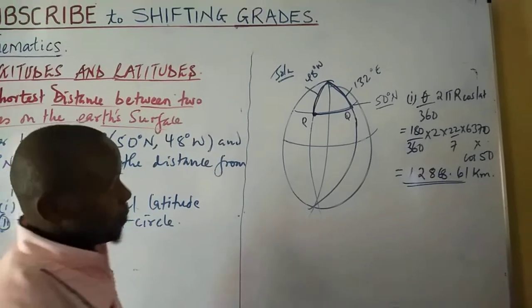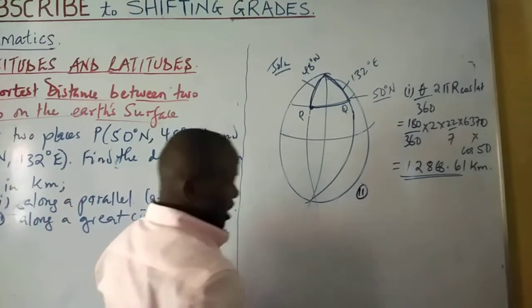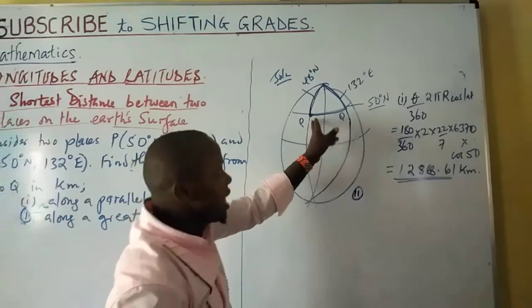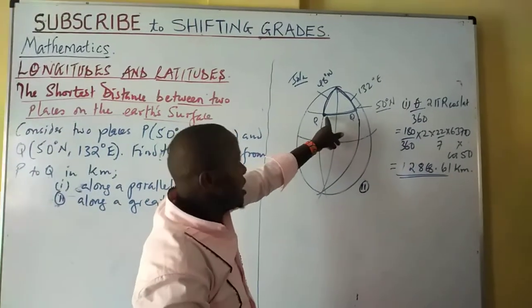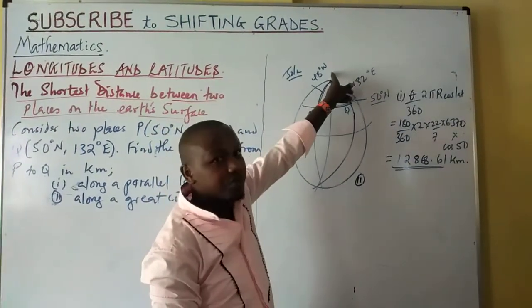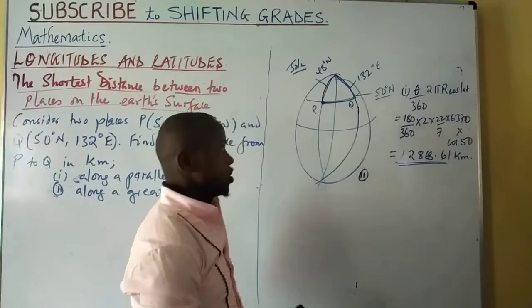Therefore, we are solving number 2. If they are on latitude 50, then from P to the North Pole, it remains only 40 degrees.